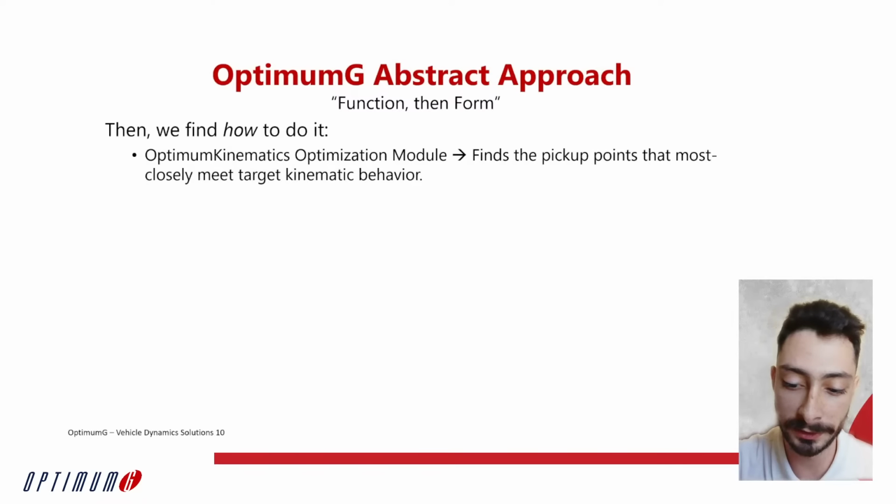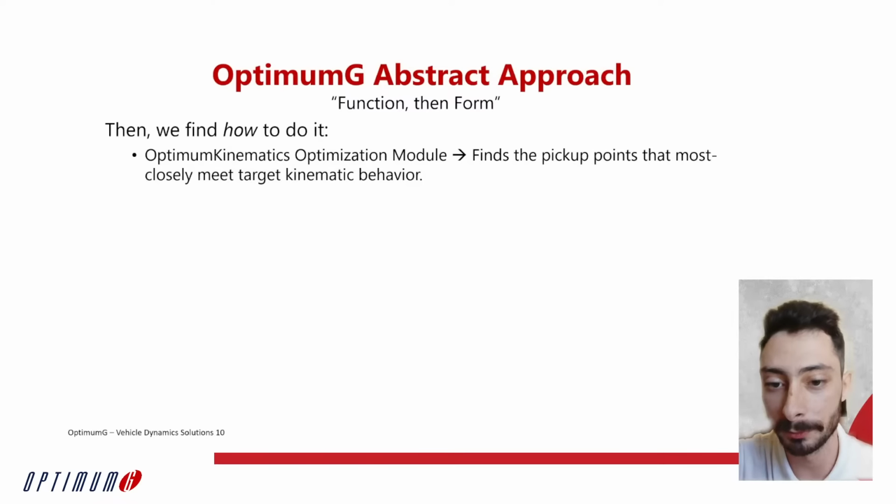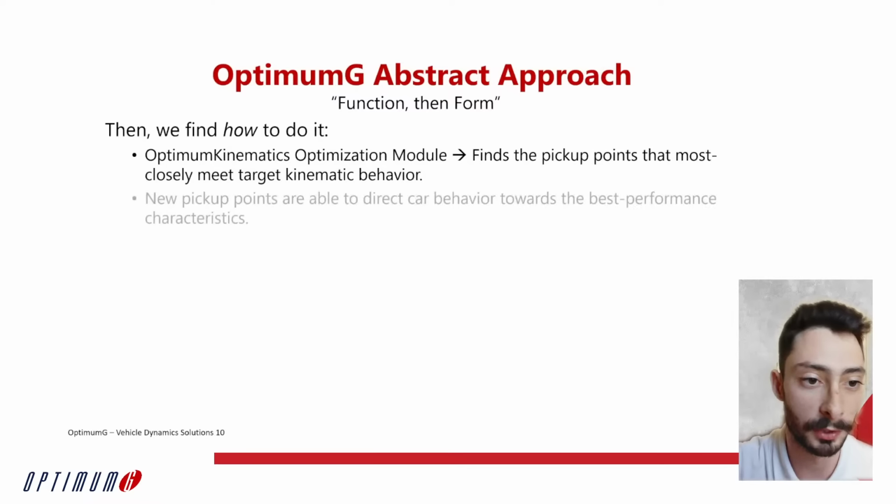Pretty much what we're going to do is, now that we know the ideal camber gain, the ideal bump steer, and the ideal Ackermann percentage that we need, these kinematics characteristics are going to become inputs to OptimumKinematics optimization module. That software is going to give us back the pickup points that most closely meet the target behavior that we know will make the best possible car.